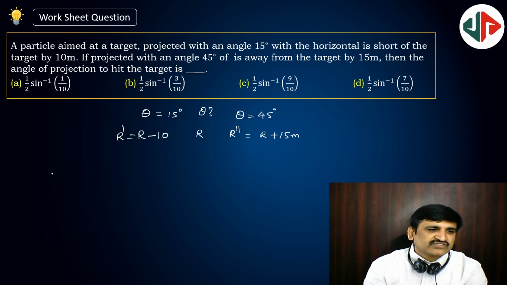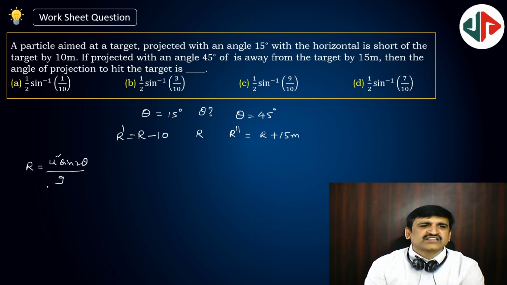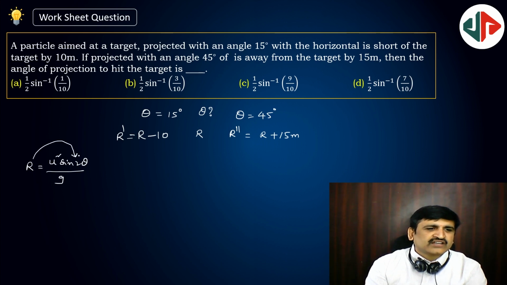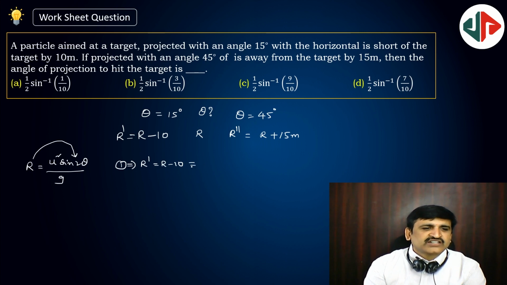What is the range formula? We have range formula R is equal to u square sine 2 theta by g. Here he is not talking about the velocity, maybe the same velocity. So R is proportional to sine 2 theta. We will write the equation. Equation number 1 implies R dash is equal to R minus 10, which is proportional to sine 2 theta, sine 2 into 15.